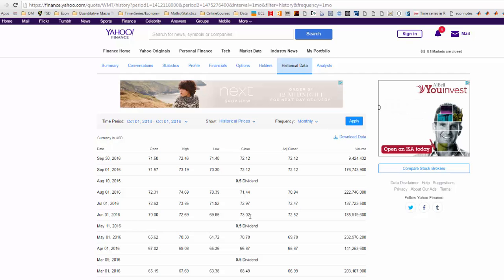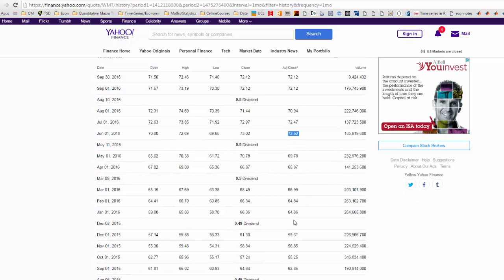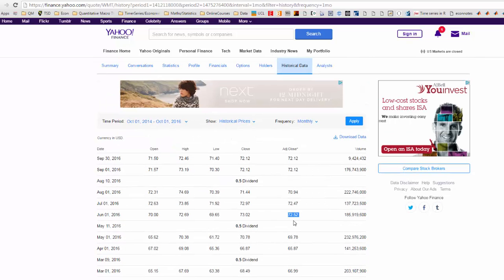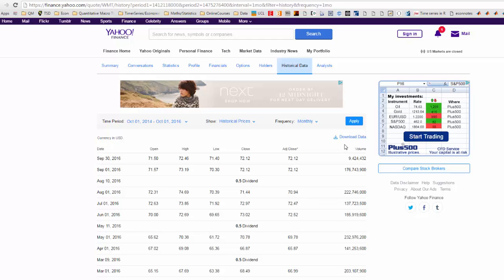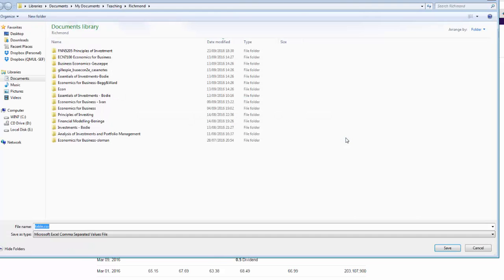It looks like they adjusted prices for some other changes or events on these days, but these are monthly prices, so there could be a lot of changes. Anyway, for now, download the data.